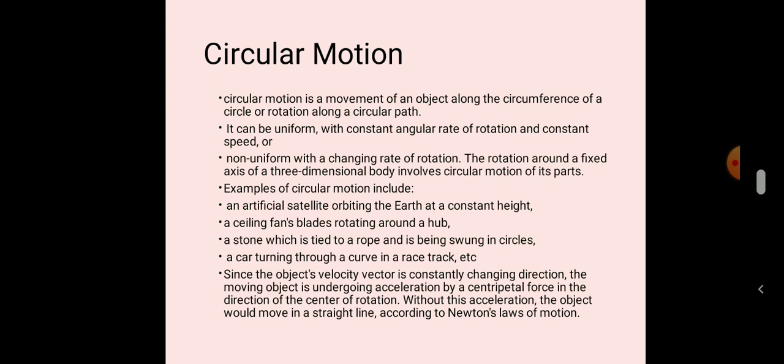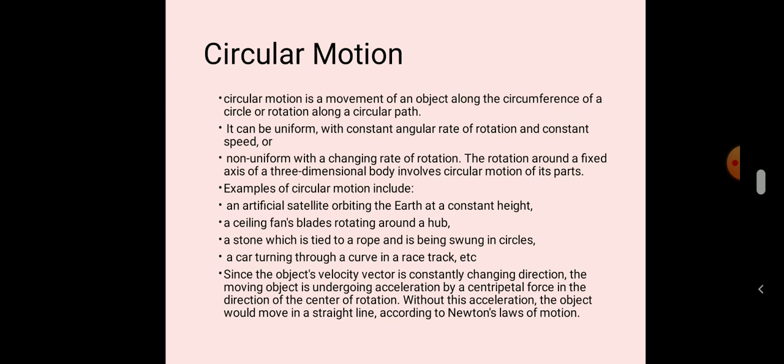Since the object's velocity is a vector and it is constantly changing direction, the moving object is undergoing acceleration by a centripetal force in the direction of the center of rotation. Without this acceleration, the object would move in a straight line according to Newton's law of motion.